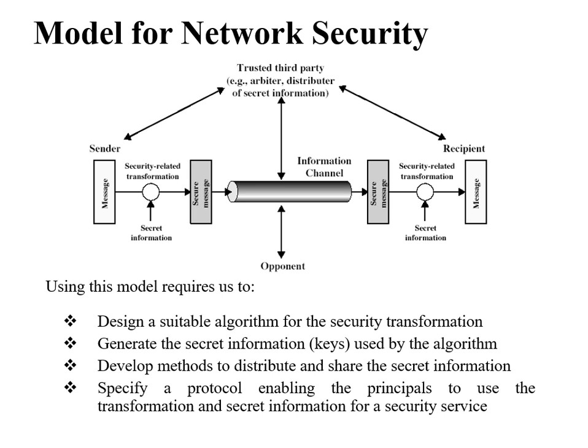Second is to generate the secret information or secret key to be used with the algorithm. Third is to develop a method for the distribution and sharing of secret information. Fourth is to specify a protocol to be used by the two principals that makes use of the security algorithm and the secret information to achieve a particular security service.